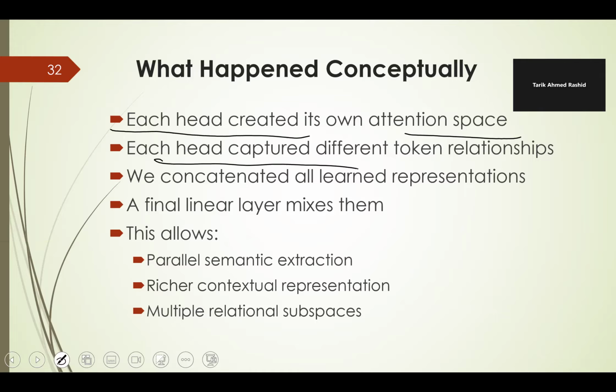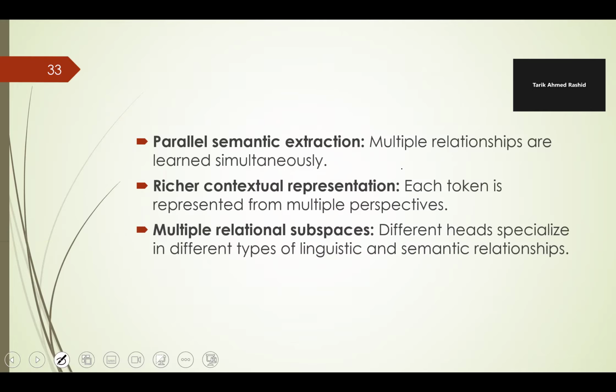Now, each head captured different token relationships, and because of the different weight matrices, each token represents different attention. And then we concatenate the learned relationships. The final linear layer mixes them, which allows parallel semantic extraction and richer contextual representation. We have multiple relational spaces; we don't have one space.